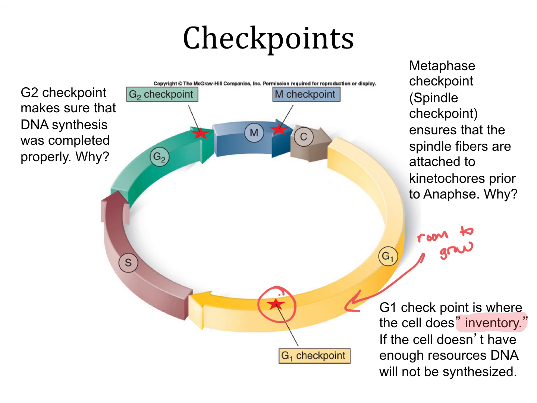Like I don't want to get halfway through my DNA and be like, oh, I ran out of thymines. Oops, okay? So the inventory checkpoint allows us to make sure that the cell is healthy enough and it has enough resources to complete replication, okay? So if we pass the G1 checkpoint, that allows the cell to go into the S phase and replicate the DNA, right?